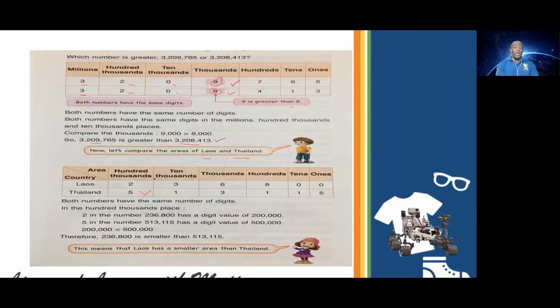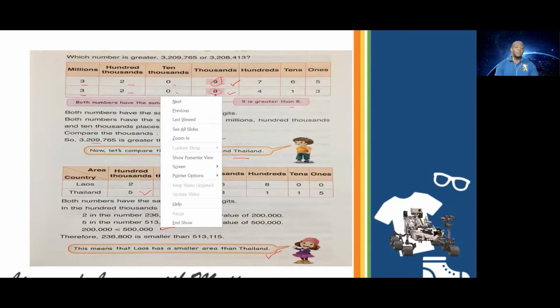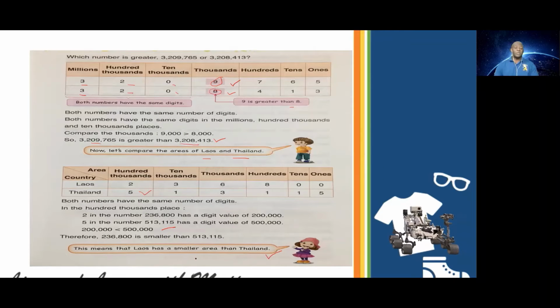So who has the greater area of land? Thailand has 500,000. So we can say Laos is smaller than Thailand, because 200,000 is smaller than 500,000.